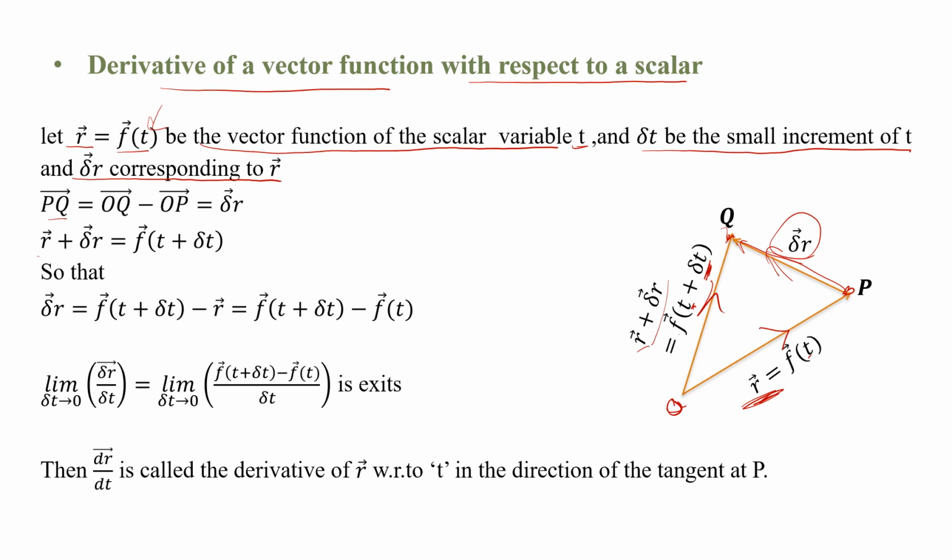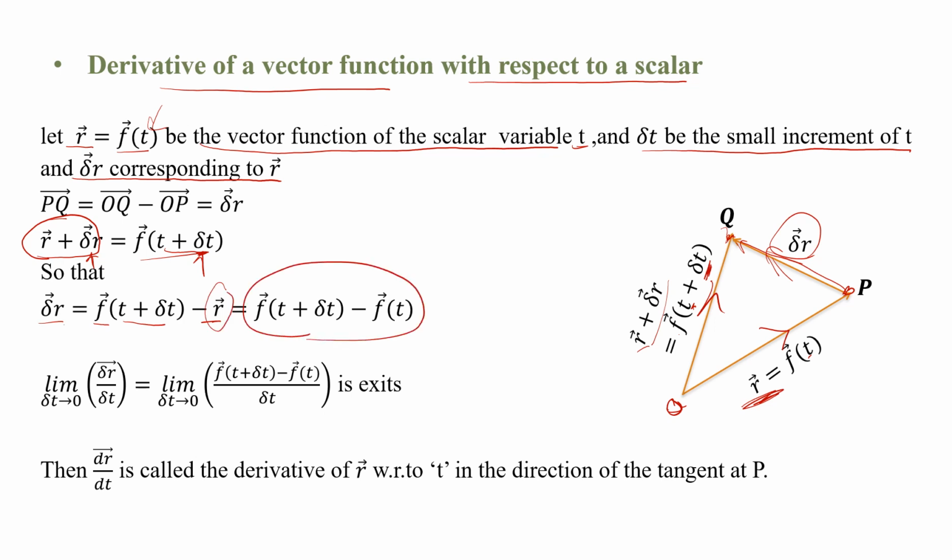And r plus del r is the vector f of t plus del t. So a small change in the scalar variable gives a change in the vector: del r is equal to f of t plus del t minus the r vector, where the r vector is f of t.